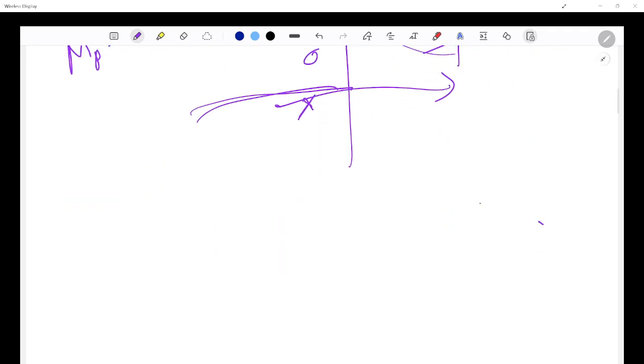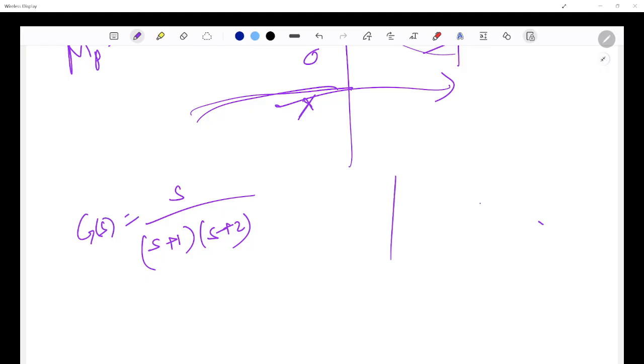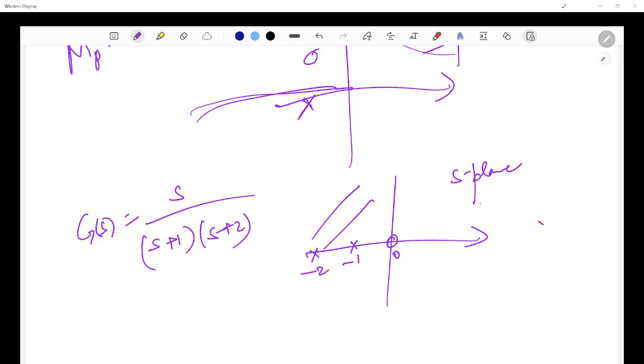For example, I give you a transfer function s upon (s plus 1) into (s plus 2). Let's say this is my system, which I denote by G(s). Where are my poles and zeros? One pole is at minus 1, another pole is at minus 2, and my zero is at 0. This is the S-plane.